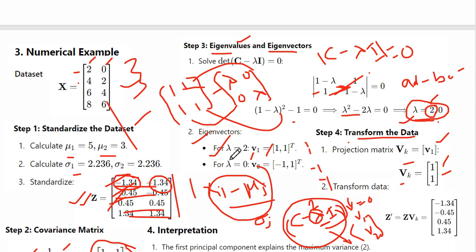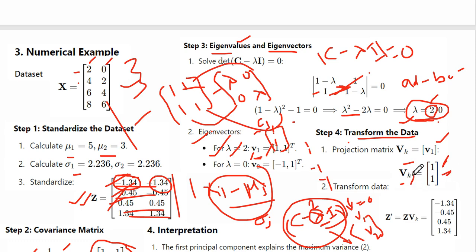If lambda equal to 2, what eigenvector are we getting? 1 comma 1. This is the transpose value, but actually the eigenvector is 1 comma 1. This is the component 1 eigenvector. This is the component 2 eigenvector. Here I am choosing only the lambda equal to 2 eigenvector, that's 1 comma 1.